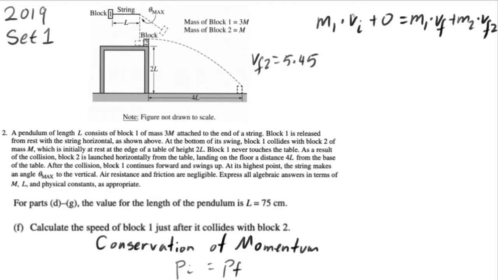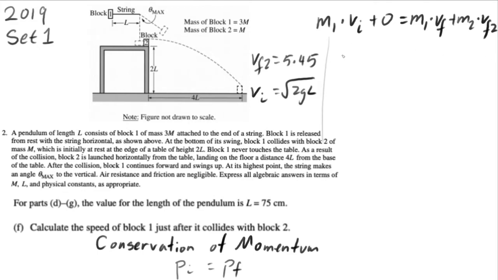And we know that the initial velocity of block 1 is equal to root 2gL, which we can plug in from the values we've gotten in earlier parts. We know the mass of block 1 is 3m, and the mass of block 2 is m. So besides Vf, which we're trying to find, we know every other value. So we can plug in the values, cancel out, move things around, and find Vf.